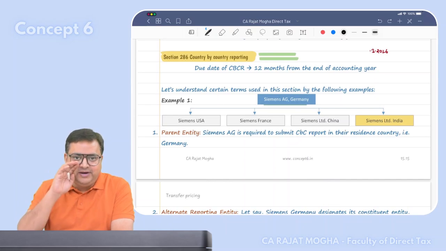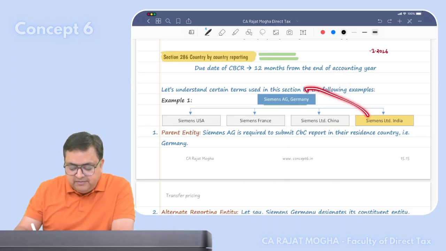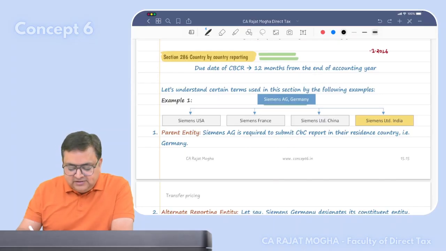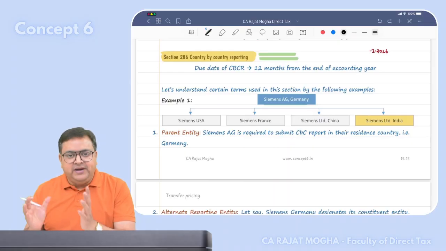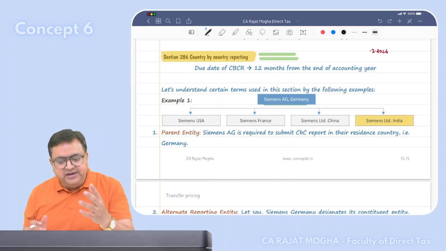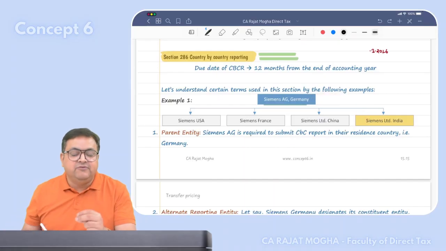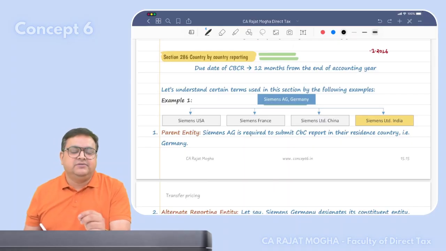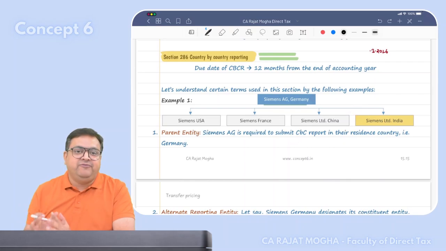Third point, very important. Let's say there is a law also, and we have the exchange agreement also. We have DTAA with them. But still, due to any reason, they are not giving the information. Generally, it is an automatic sharing of information if we have DTAA. But let's say they are not sharing it.